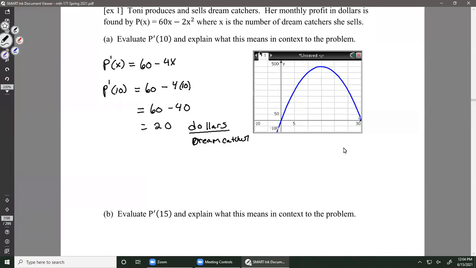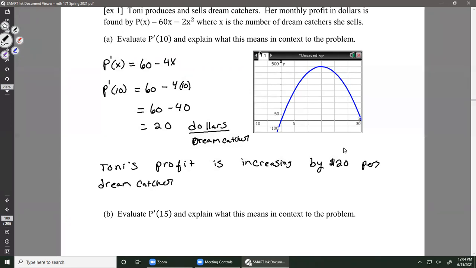So a little bit further of what this means in context is Tony's profit is increasing by $20 per dream catcher, but that's at x equals 10.